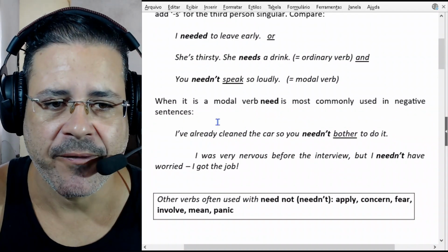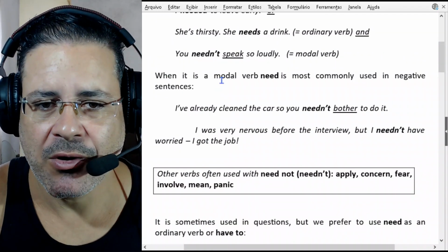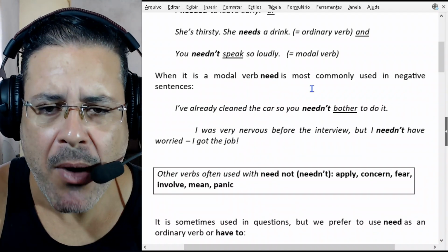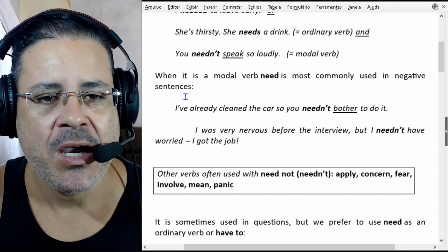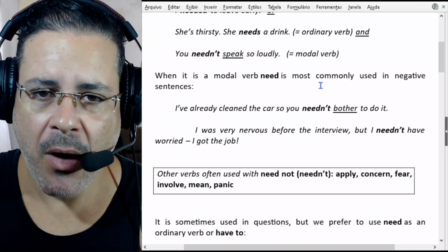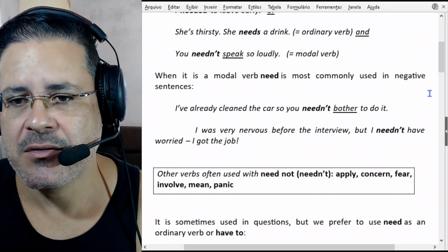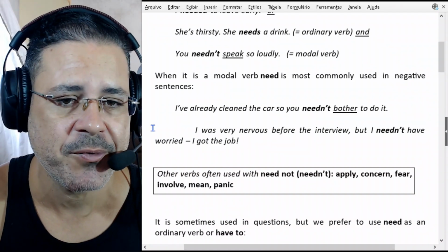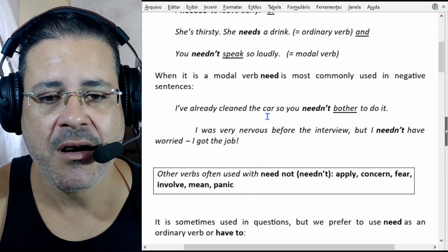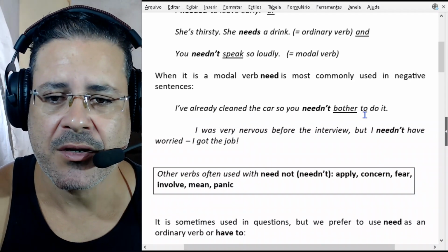Okay, let's move on. When it is a modal verb, need is most commonly used in negative sentences. So remember, in most cases, it is used in its negative form. For example, I've already cleaned the car, so you needn't bother to do it.